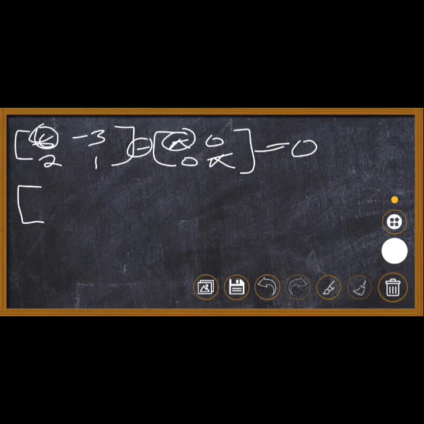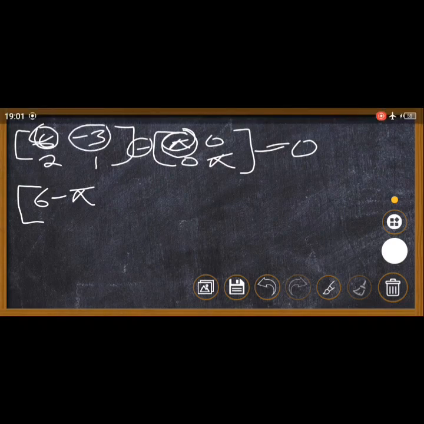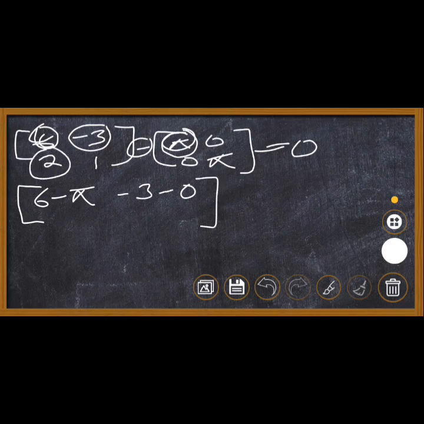So 6 is here, and at this side here we have π. Then according to this position here, we are going to subtract -3 and 0. So we are going to have -3 minus 0. According to the position we have here, it's 2, and then subtract this 0. So we are going to have 2 minus 0. And again, here we have 1 minus π. So it's going to be 1 minus π equals 0.